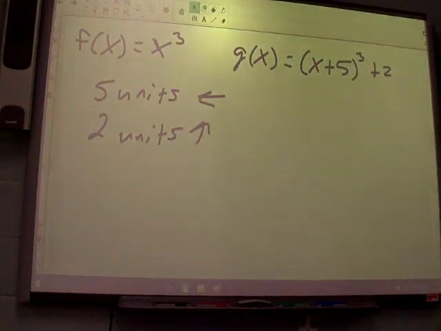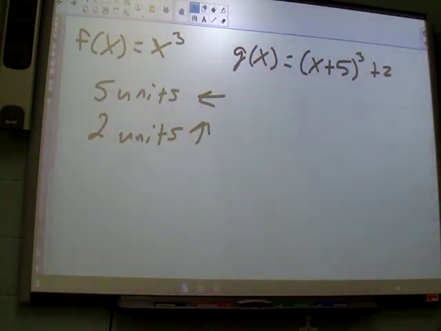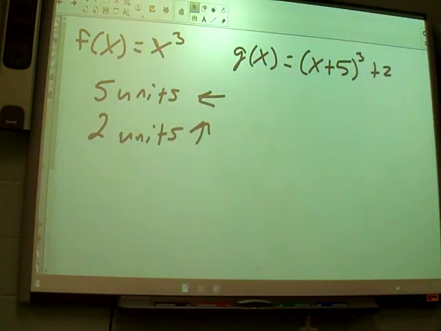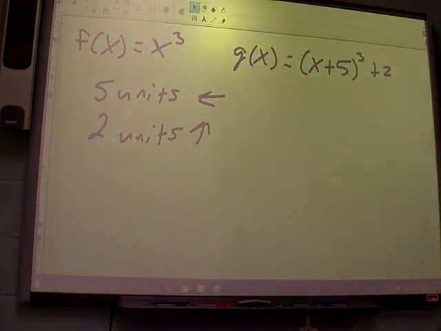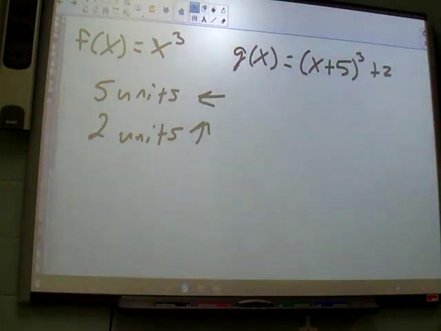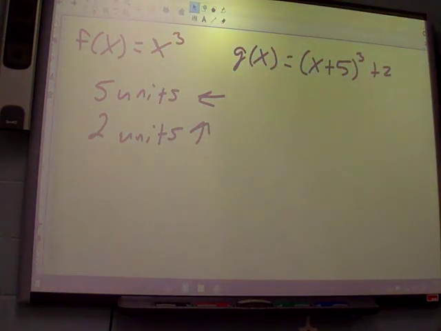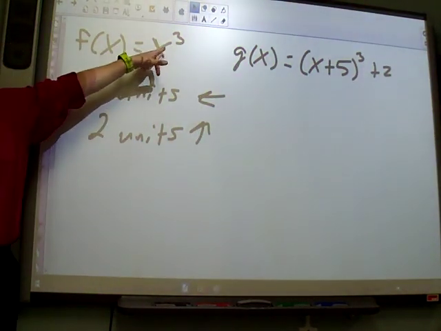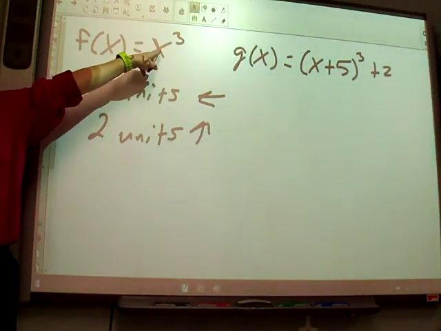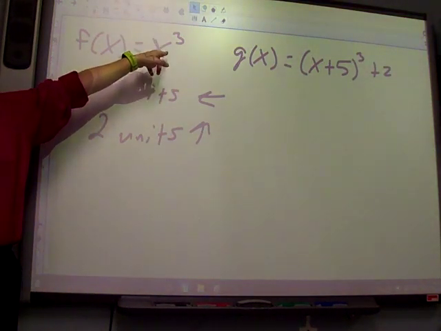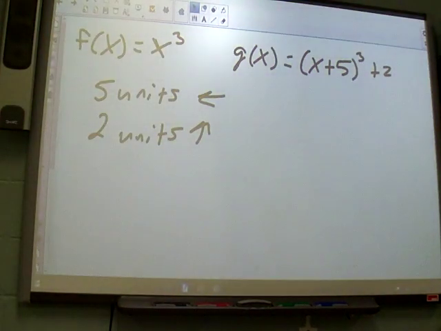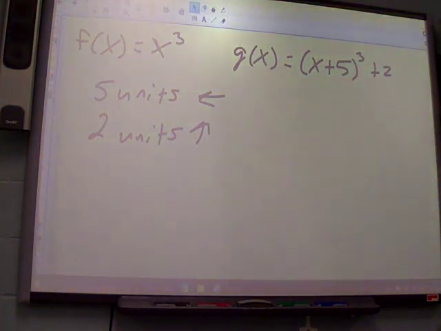Now, how could I get some more specific points on that graph? Very good. You go in old school, make your input-output table. I already did 0. If I plug the 0 in for the x, 0 cubed is 0. What if I plug the 1 in for the x? 1 cubed is 1. So that means over 1, up 1.